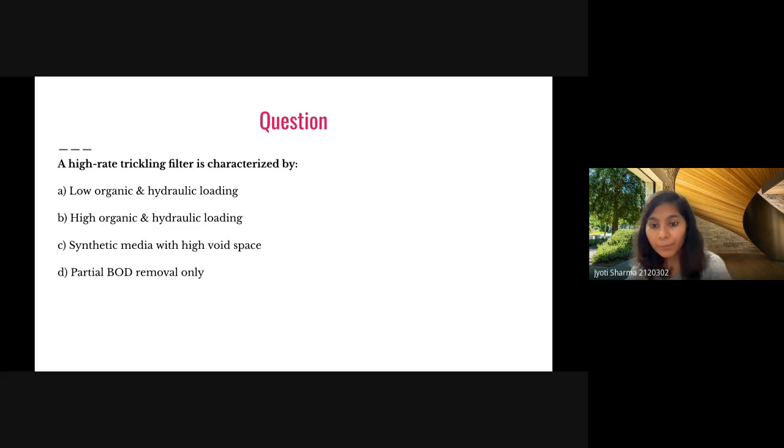Priscilla gave me B. Yes. So this is high organic loading and hydraulic loading. So high organic means we can have wastewater that may have higher organic loading and hydraulic loading as well. So this will come under high rate trickling filter.